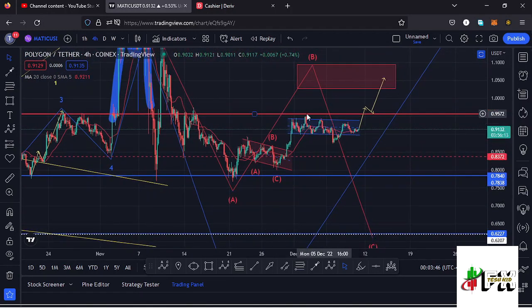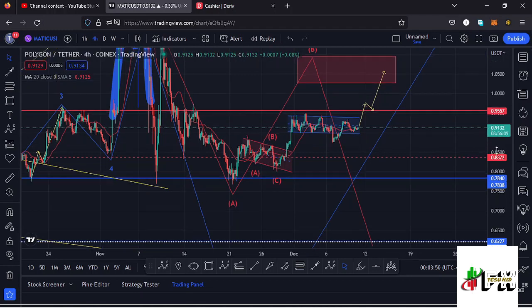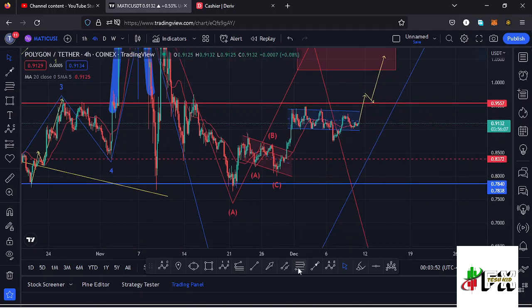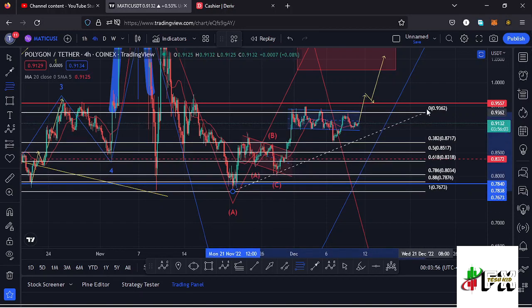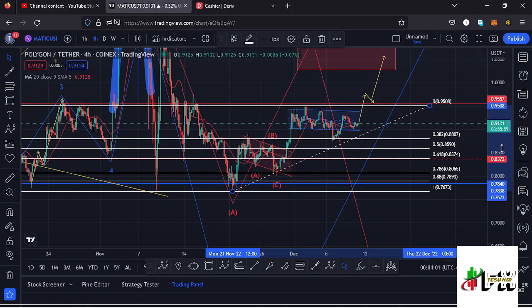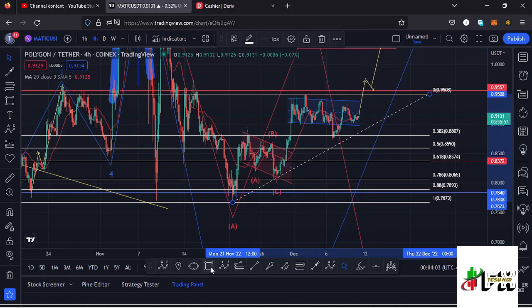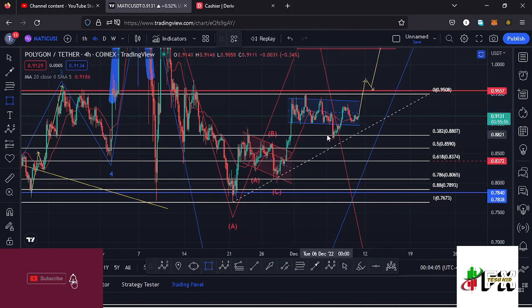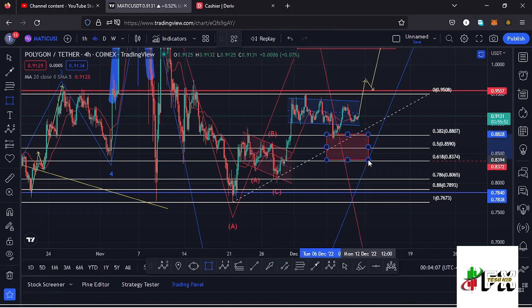And for that to play out, we also need to continue holding above key areas here on the Fibonacci's, using the Fibonacci's, connecting them from this low down here to these highs that we have right here. That gives me a minimum retracement area between the fib level 0.382 and the fib level 0.5, which perfectly lies between the $0.88 mark and the $0.83 mark, which is between the fib level 0.382 and the fib level 0.618.